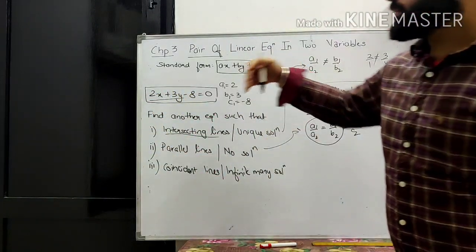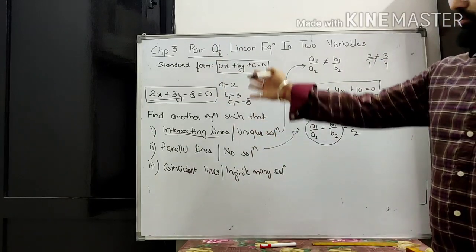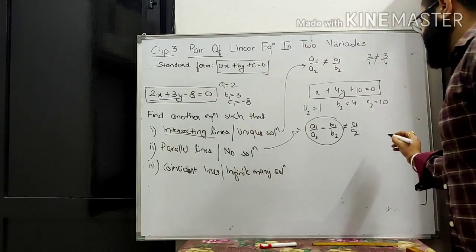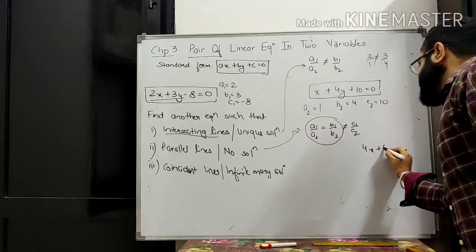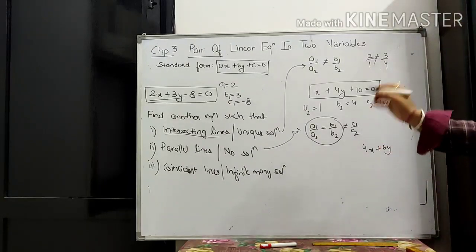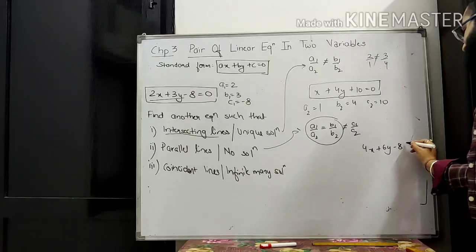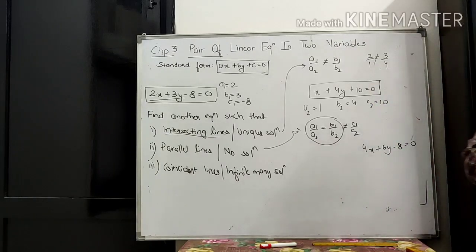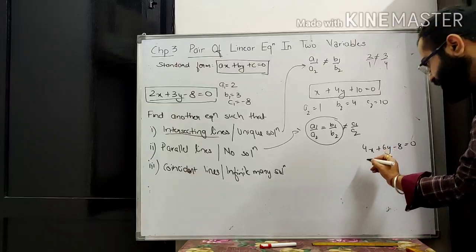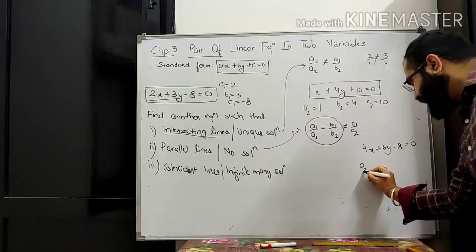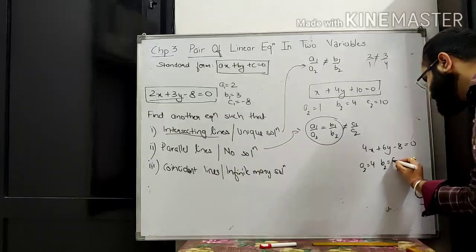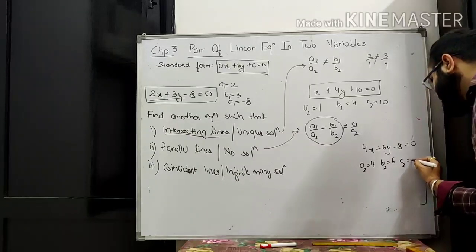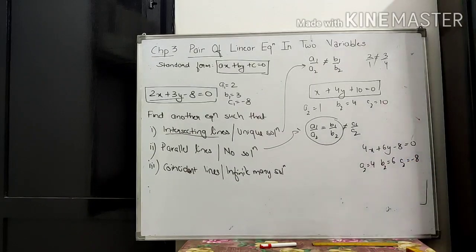Let us say I have multiplied these two by 2. So the new equation becomes 4x plus 6y minus 8 only. From this, you get that a2 is 4, b2 is 6, and c2 is minus 8.